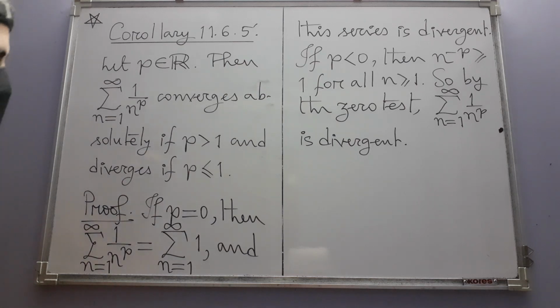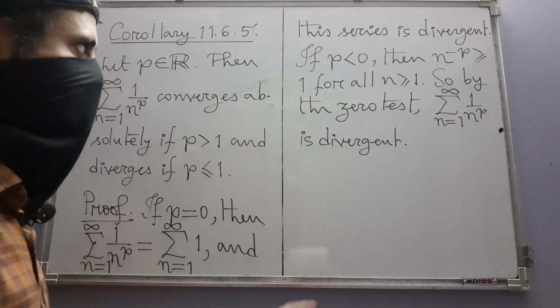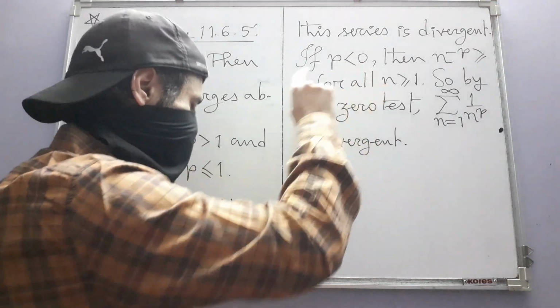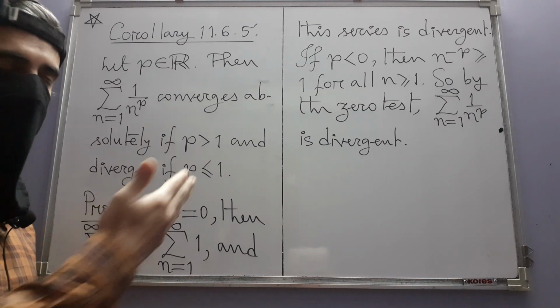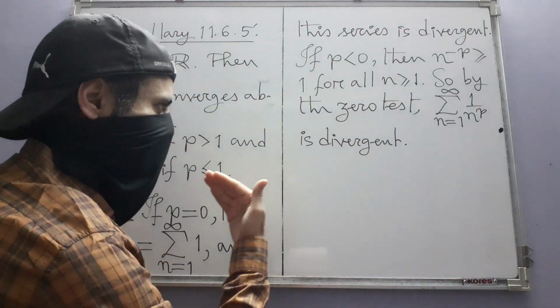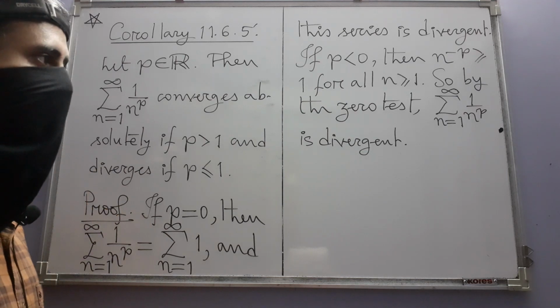That is why for the non-positive values of p, that is, if p is either negative or 0, the series is diverging. So that side of the real line has been settled for the p values.